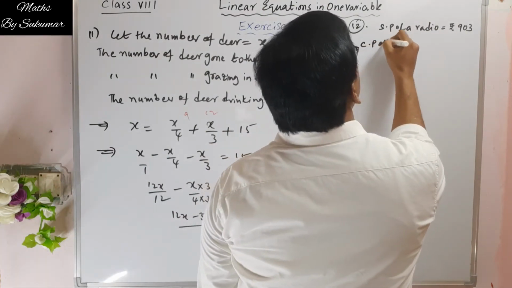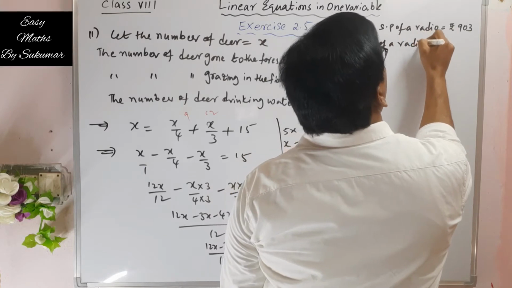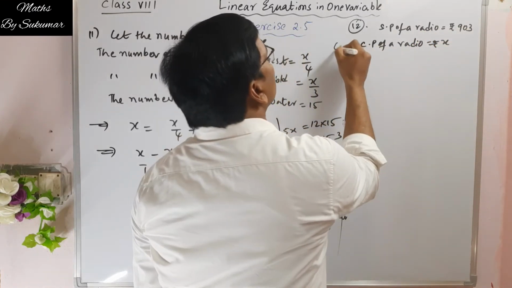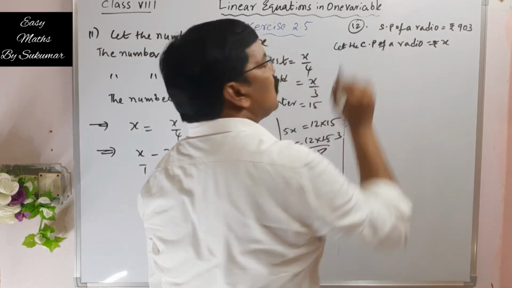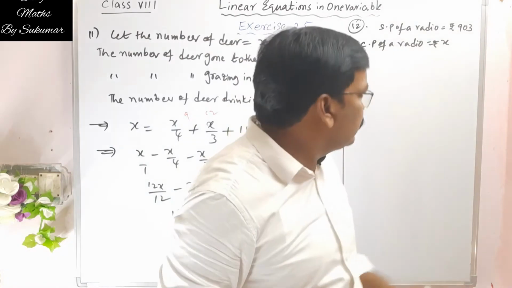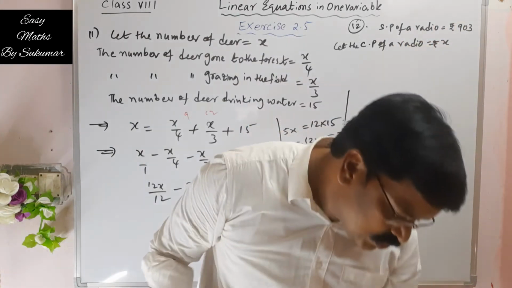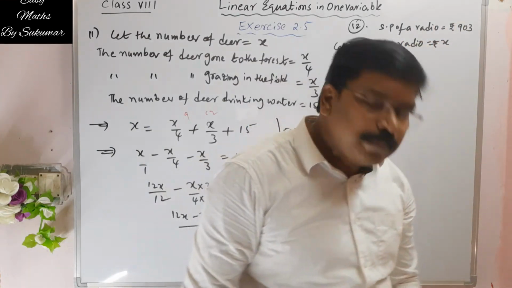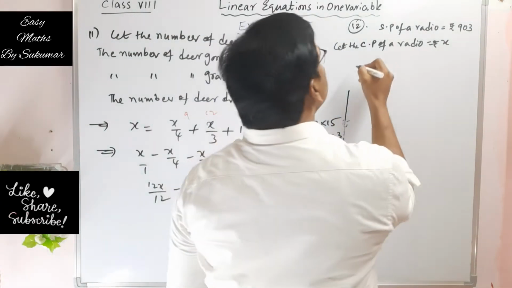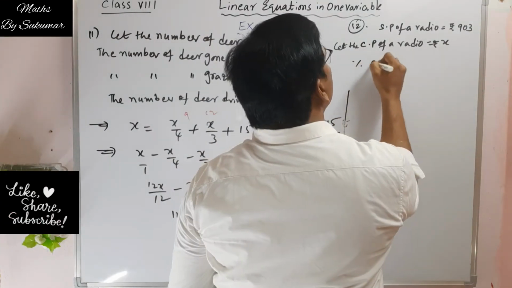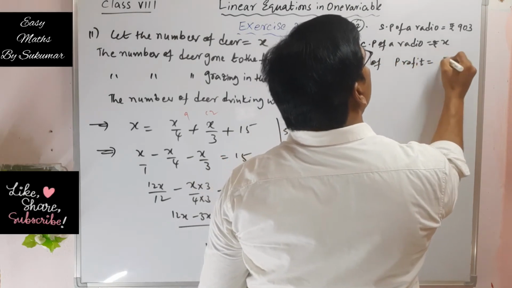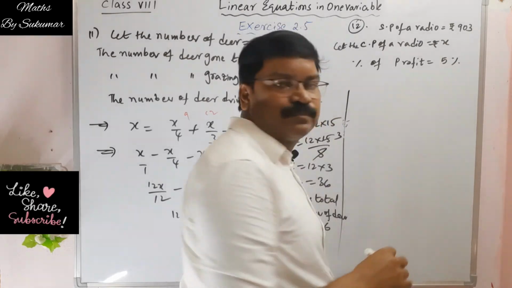So let the cost price of the radio, CP, be equal to X rupees. Here, the selling price of the radio is 903, and the shopkeeper gains 5%. So the percentage of profit is 5%.